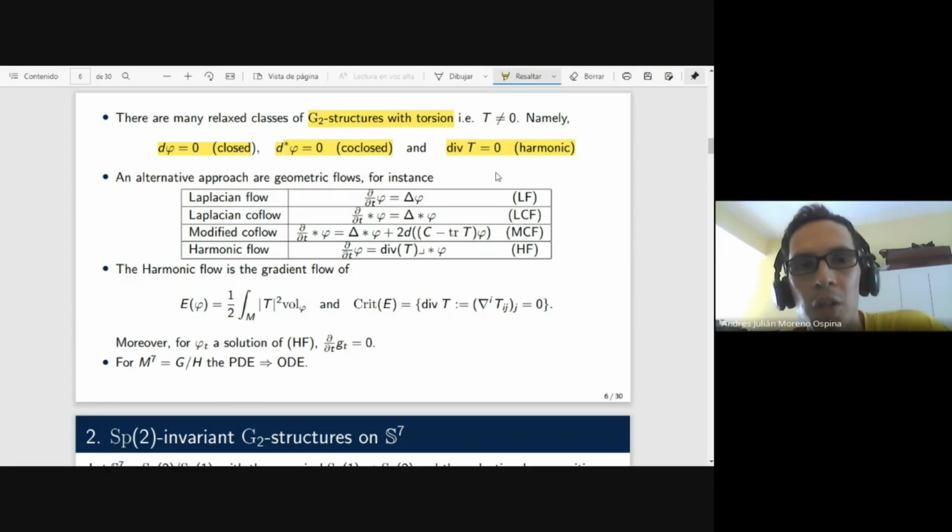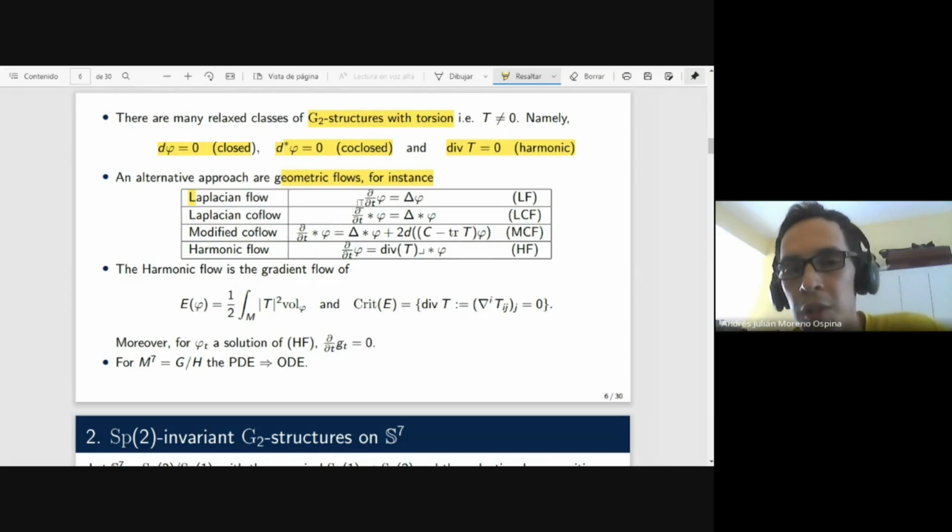And so, using these G2 structures with torsion, an alternative approach for the study of G2 geometry is the study of geometric flows, right? Maybe inspired by the Ricci flow. So we have some examples: the Laplacian flow, the Laplacian coflow, and the harmonic flow.